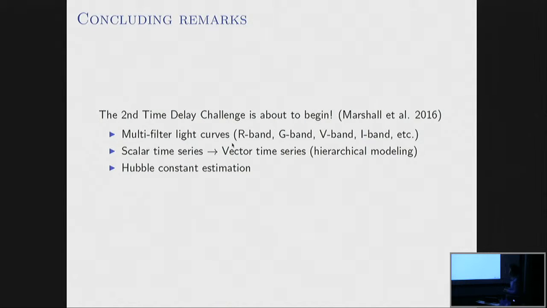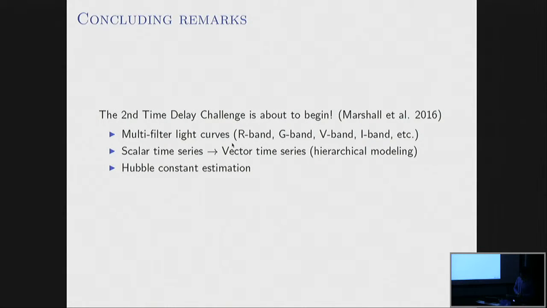currently, the organizers of the time delay challenge are about to launch the second time delay challenge, which is another blind competition. And this time they will provide multi-filter light curves, the R band, G band, V band, I band, etc., for the same system. So it's kind of analyzing vector time series instead of the scalar time series that I have shown you.